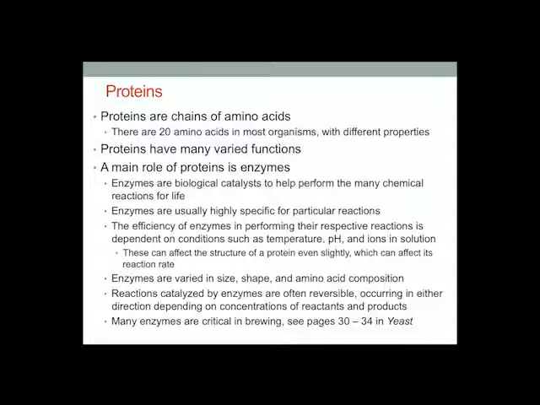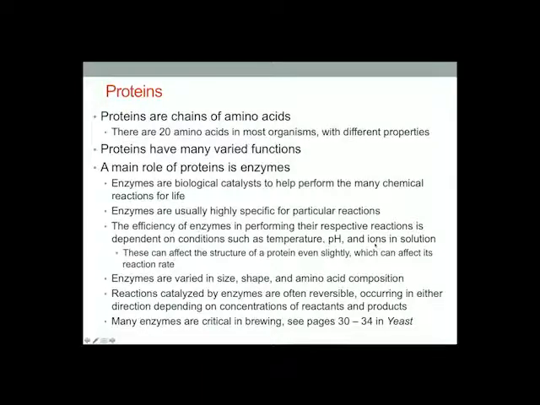One of the ways the shape of an enzyme can be changed is by environmental conditions of what's around it. They're highly dependent on these conditions for their structure. Those conditions are things like temperature, which is very important, the pH, as well as other ions, other charged atoms or molecules in solution, like sodium ions or chloride ions, salts.